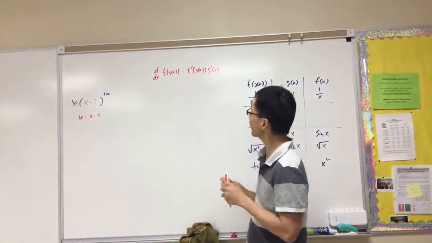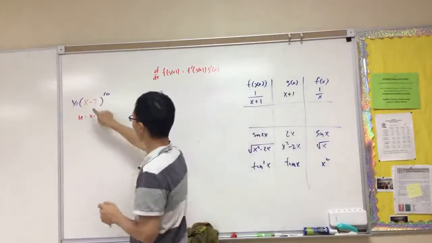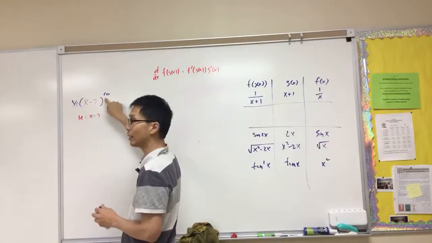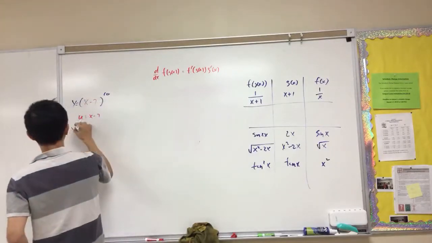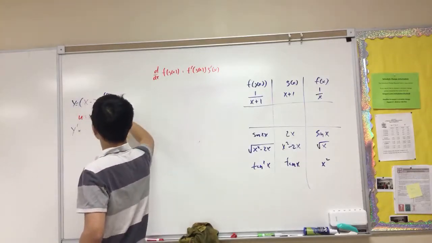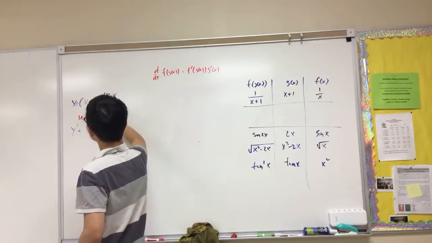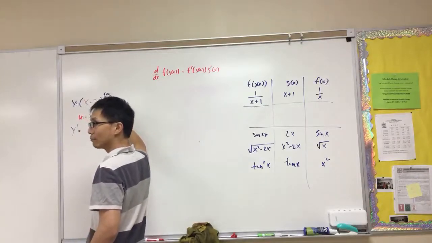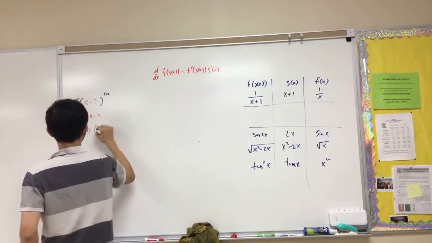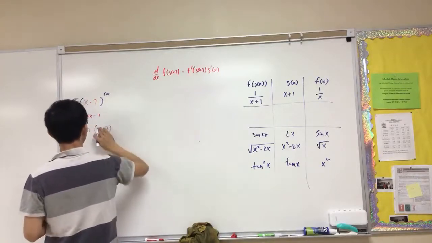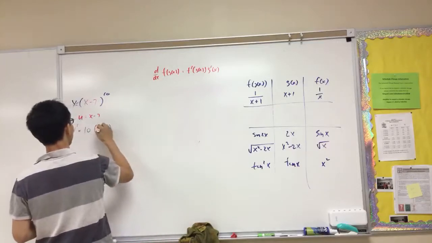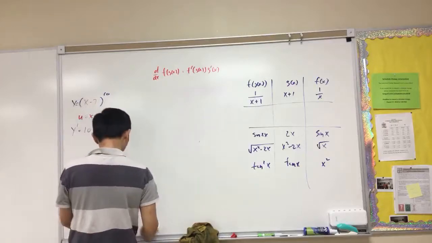Then you say, okay, I can take a derivative of that. This is u to the 10th power, would you say? Now if I take a derivative of this, I'm going to write y prime, which is another way to write the derivative. So y prime is equal to, if this is u to the 10, how do I take the derivative of u to the 10? 10 u, which is x minus 7, to the 9th power.